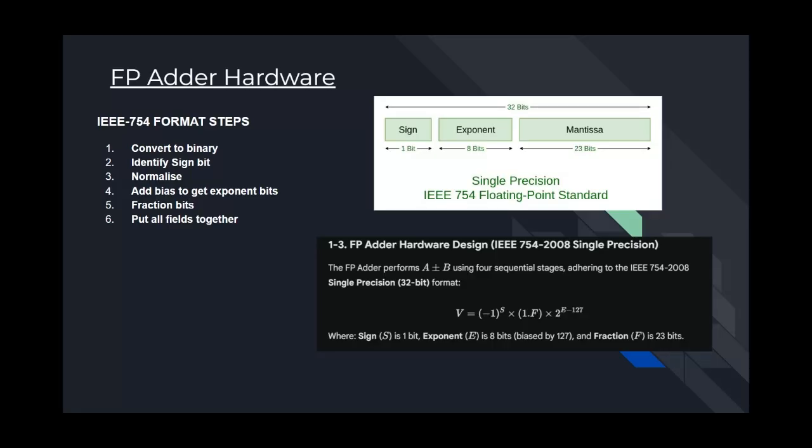For the format steps to turn a decimal number into this format with binary, first we'll look at whether the number is positive or negative. So if we're converting it to binary, we'll have the leading digit be 0 or 1, depending on if it's positive or negative, and then we'll normalize it by having the lead number, the most significant bit, be one.